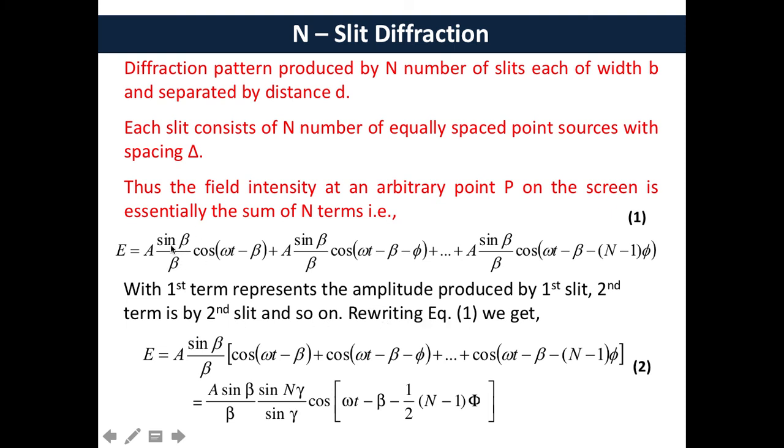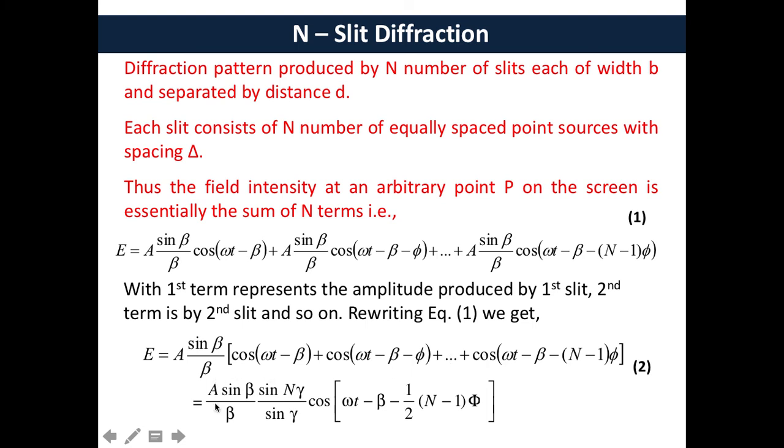We can take out this term because this term is the same, so this amplitude term we have taken out, and this is a series equation. I will not derive this equation, I will directly put the solution of this equation.